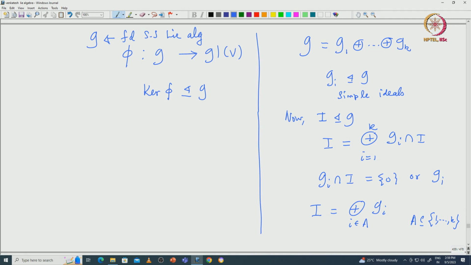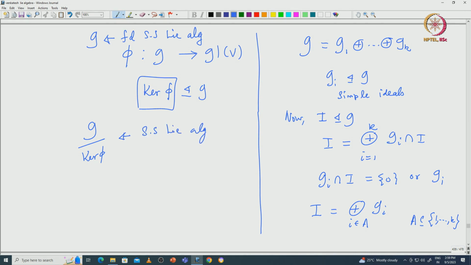Okay. So, now because of that we can see that this kernel of pi is also a direct sum of simple ideals, some simple ideals that come from G. In particular, if I take G modulo the kernel of pi, this must be a semisimple Lie algebra.